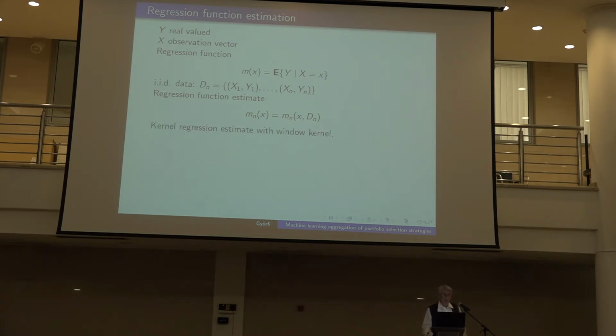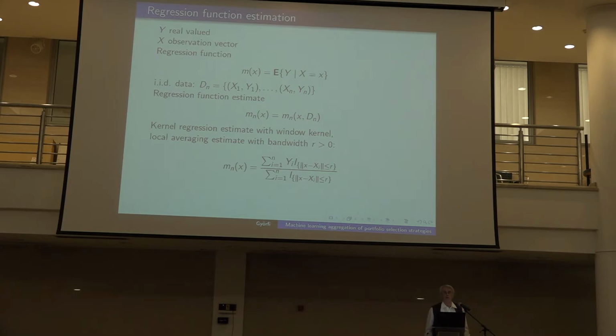Maybe the most simple and most popular estimate is the following. If at a point x we would like to estimate the regression function, then look for similarities in x. We search for x sub i's which are close to x, which means that the distance is less than r, and take the average of the corresponding y's.